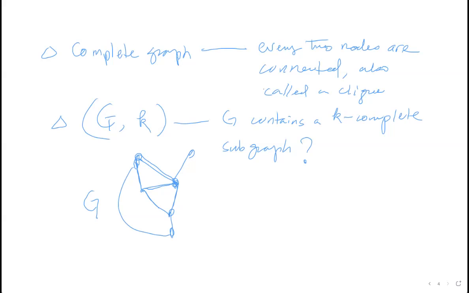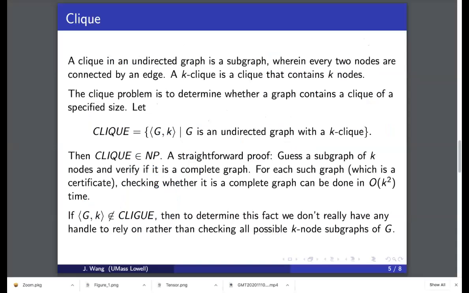All right, so this is in NP. In general, the clique problem is a set of instances which has 2 parts. One is the graph, the other one is the integer k, and here G is an undirected graph with a k-clique. So this is a positive instance.